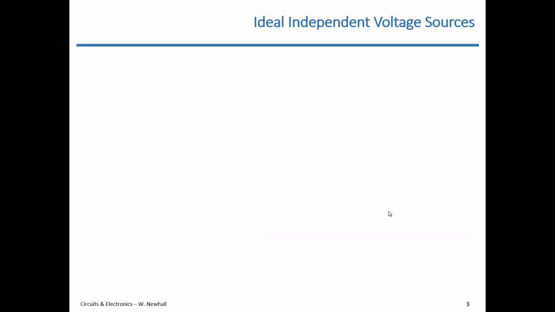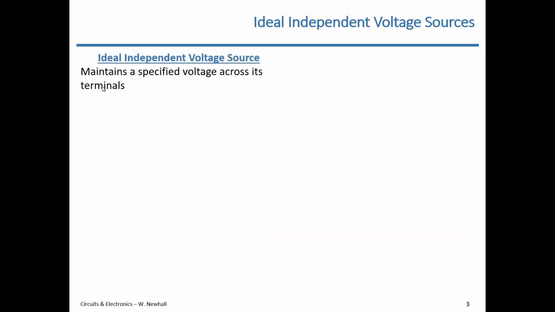So let's start with an ideal independent voltage source. An ideal independent voltage source maintains a specified voltage across its terminals. Here's its schematic symbol. Here's its specified voltage. So you'll see me write VS a lot, and maybe VS equals a number or maybe just a number.